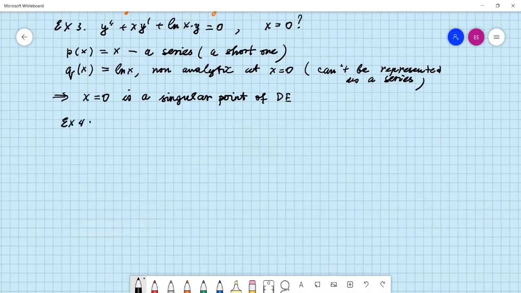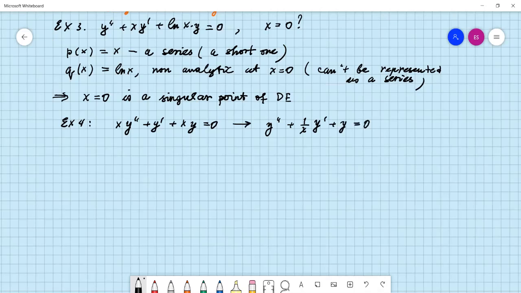Okay, next example. Example number 4. x times second derivative of y plus y prime plus x times y equals 0. Well, this equation is not exactly looking like second derivative plus p plus q, so we are going to move it to the standard form. We are going to divide by x: y double prime plus (1/x) y prime plus y equals 0.